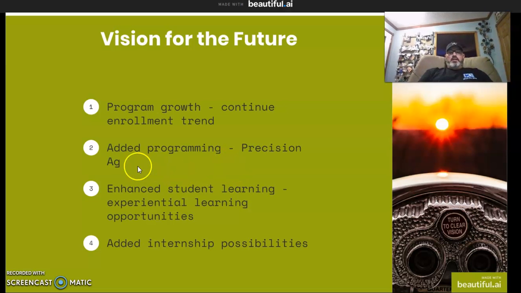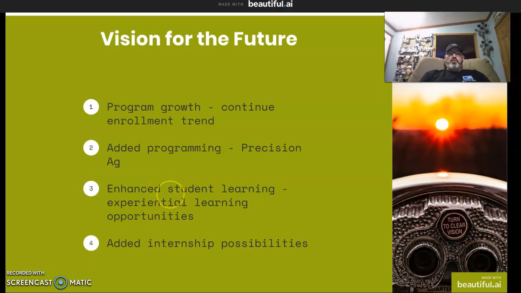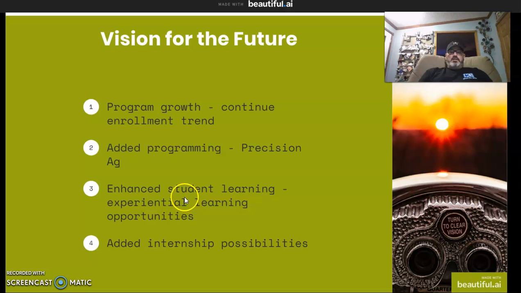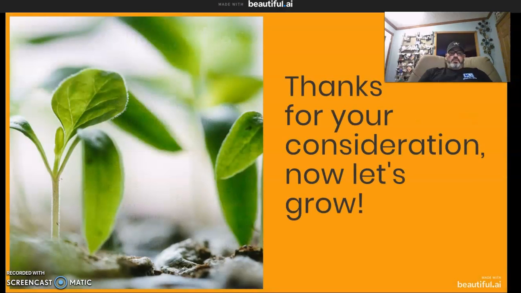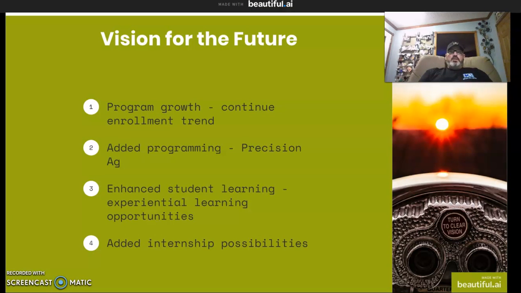I mentioned a little bit and alluded to enhanced student learning and experiential learning opportunities. When time gets short, faculty tend to rely on what they know and can do quickly and efficiently, and sometimes this doesn't create new opportunities for different laboratory experiments, different learning opportunities for students to get their hands on. So we would certainly want to consider what new experiential learning opportunities we could add because we had more time to do them.